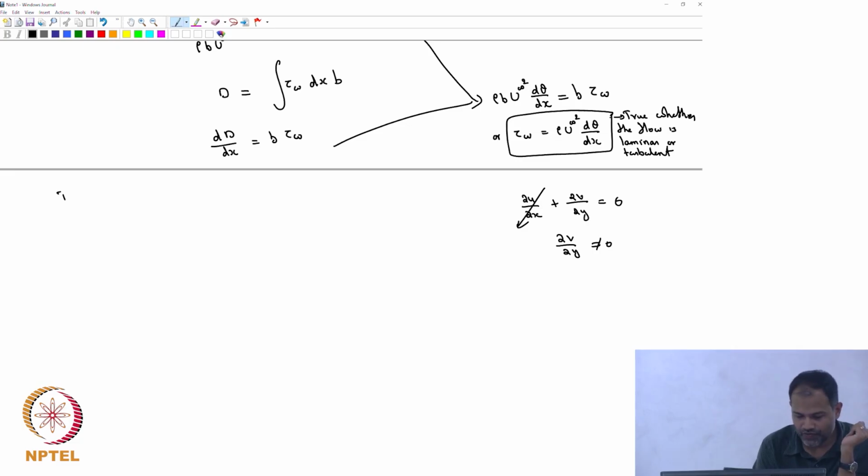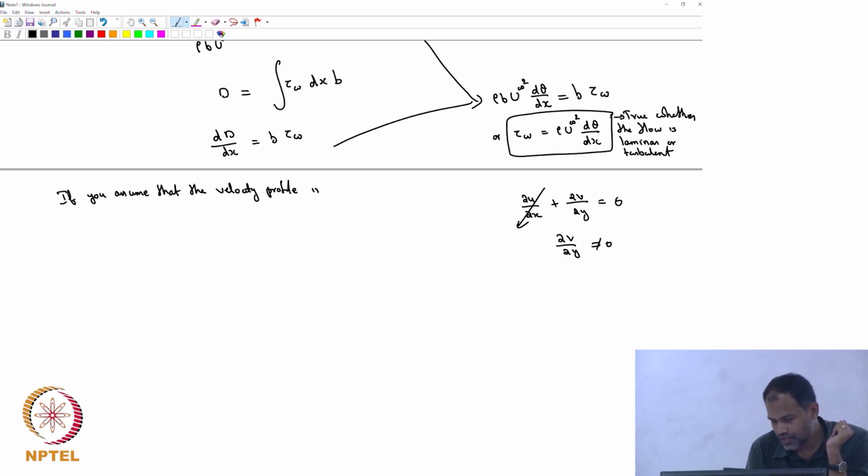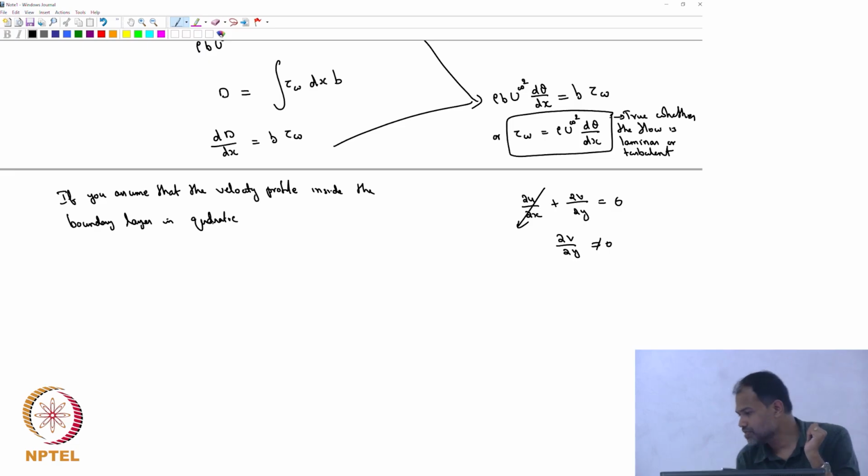So, if you assume that the velocity profile inside the boundary layer is quadratic, in other words, you would assume that u is given by u infinity times two y by delta minus y square by delta square.